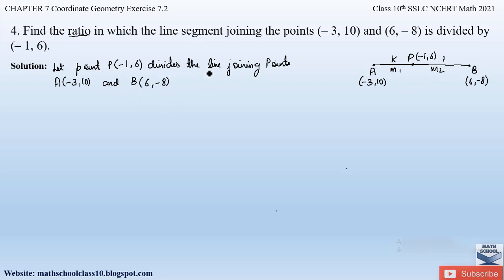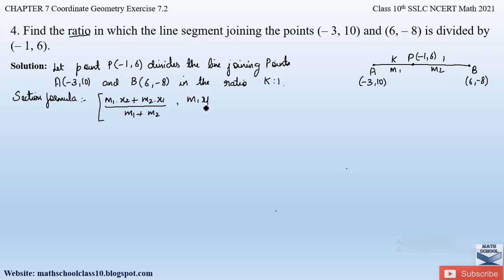So let the point divide the line segment joining the points A and B in the ratio k is to 1. Let us first write down the section formula, which is given by (m1 x2 + m2 x1) divided by (m1 + m2). This is the x coordinate part and the y coordinate part will be (m1 y2 + m2 y1) divided by (m1 + m2).